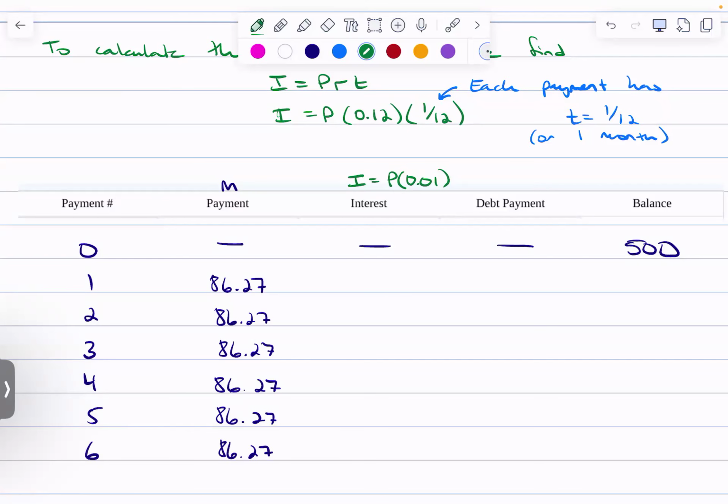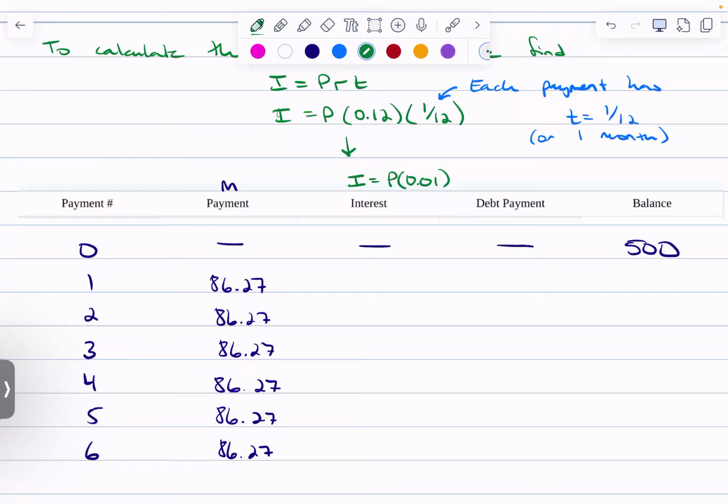As long as you remember to use the previous balance. So technically the T doesn't really matter, because it's just 1/12. The T is just the time of one payment.